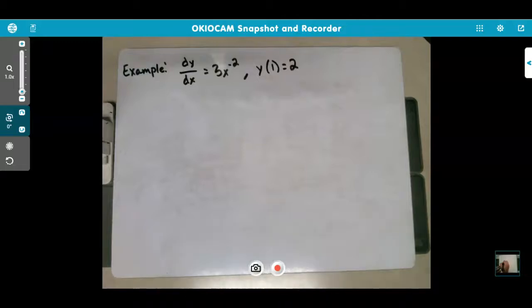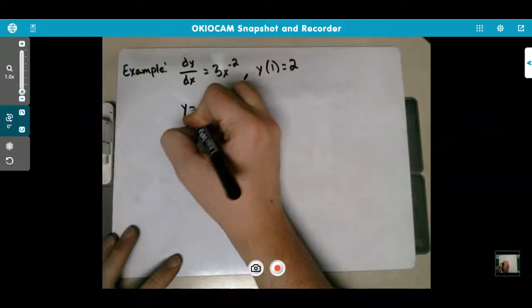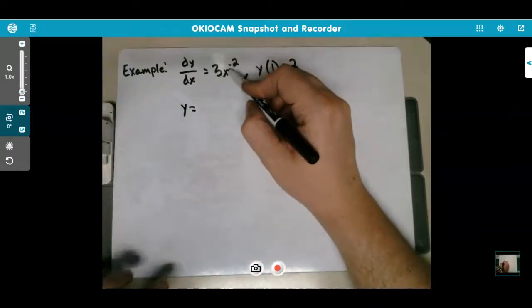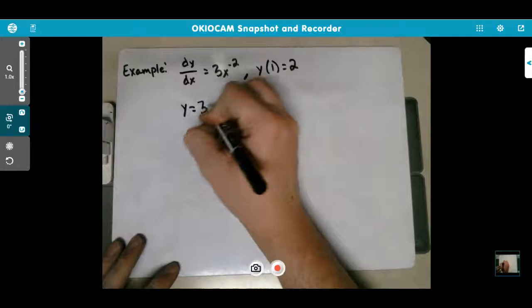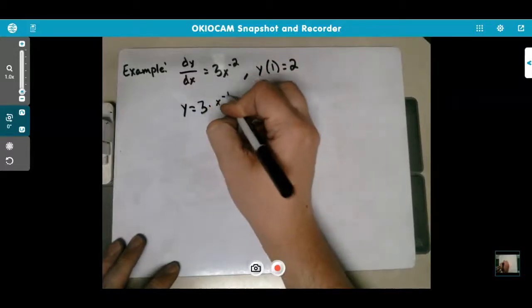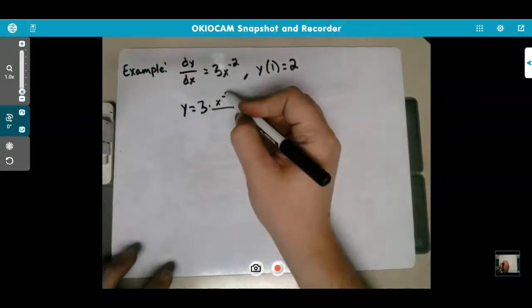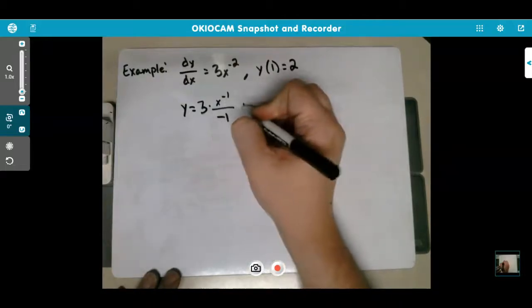So I need to figure out what the y is. Okay. Well, I know from the reverse power rule what I can do is add 1 to my power here. I had a 3 times. Add 1 to my power here, which would make it x to the negative 1 over my new power, which is negative 1.